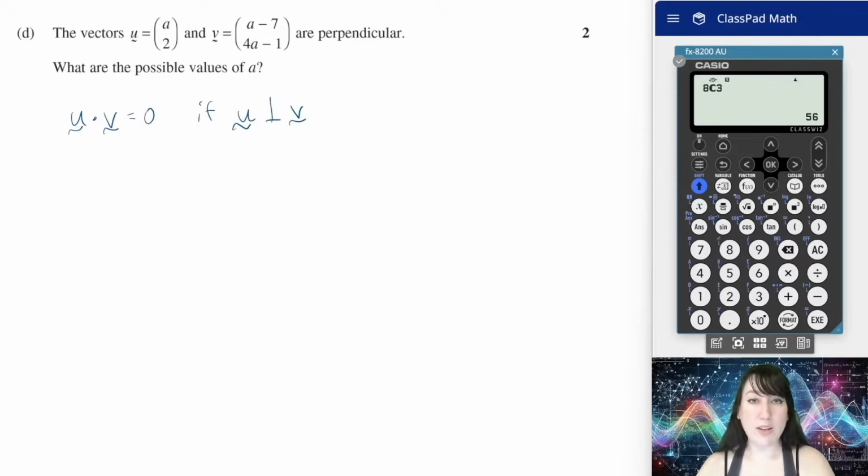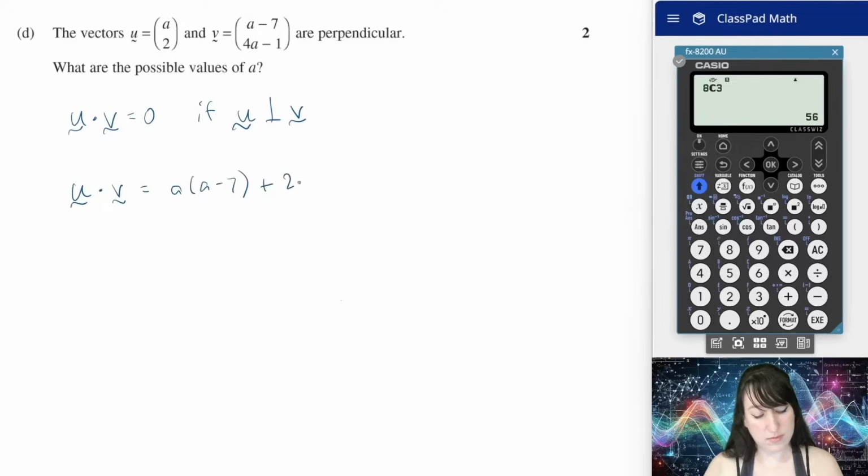So let's take a look at that dot product. Remember, the dot product is each of the x components multiplied with each other and the y components multiplied with each other and then added together. So let's expand and see if we can solve for a.